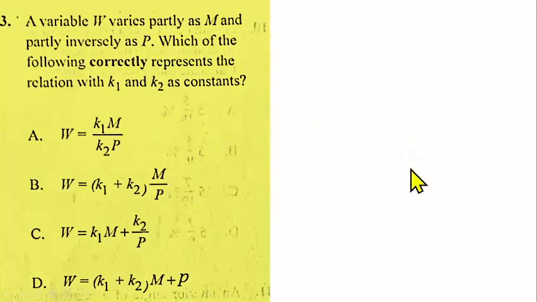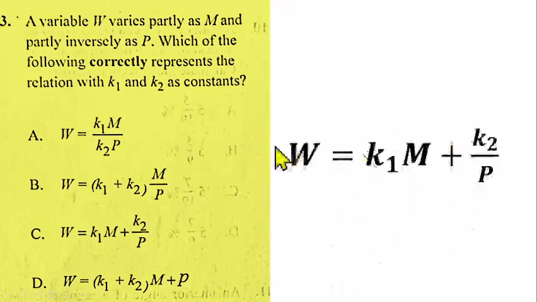So that means we have plus k2, and since it is inverse, that will be over p. W varies partly as m, but this m needs a constant, so that will give us k1.